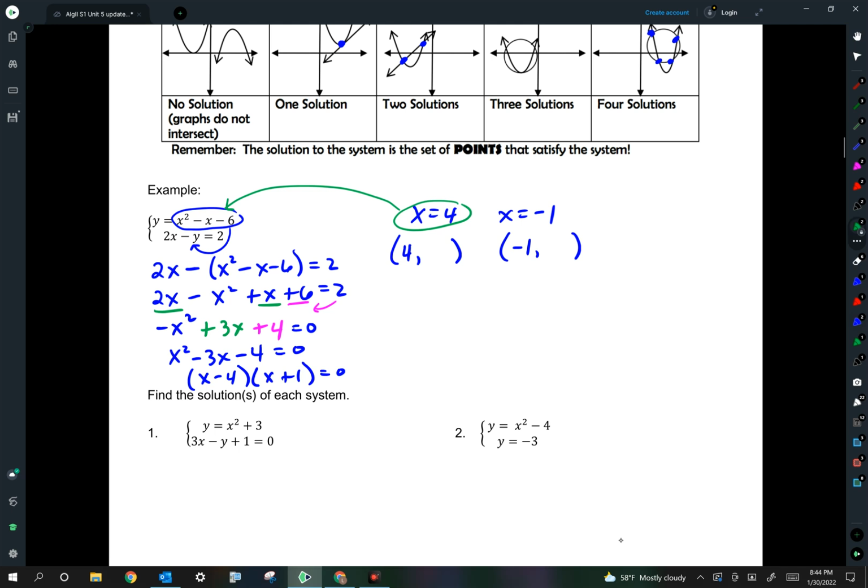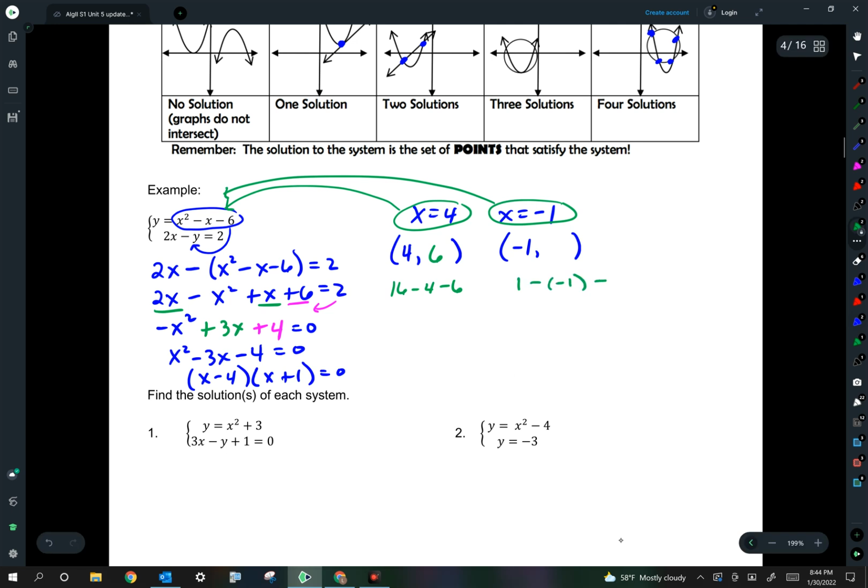So if I put a 4 in for x, I'm going to have 16 minus 4 minus 6. I think that's going to come out to be 6. And if I put in -1 for x, -1 squared is 1 minus -1 minus 6. I think that's going to come out to be negative 4. So there are two solutions because there are 2 points of intersection.